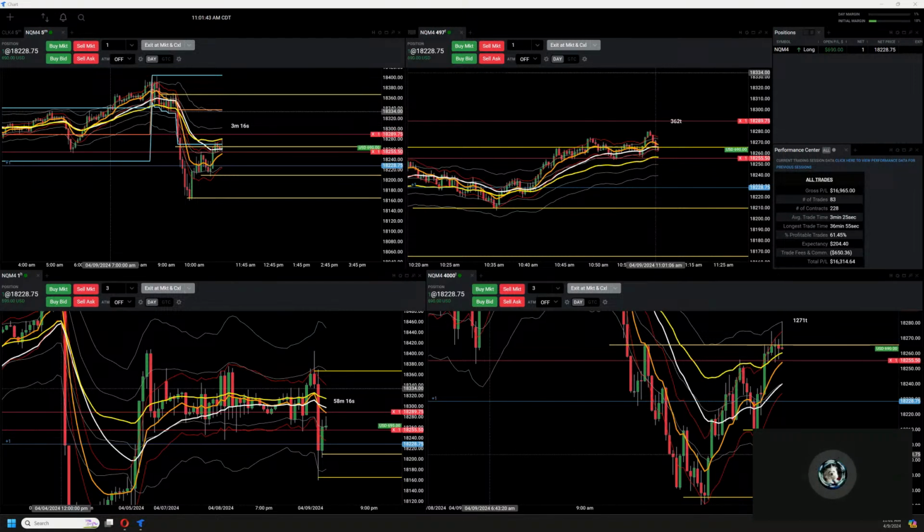16K is not a bad P&L, especially for the amount of position sizing I've done. I just haven't been in the mood to do large positions or trade in a large account the last 2 weeks.